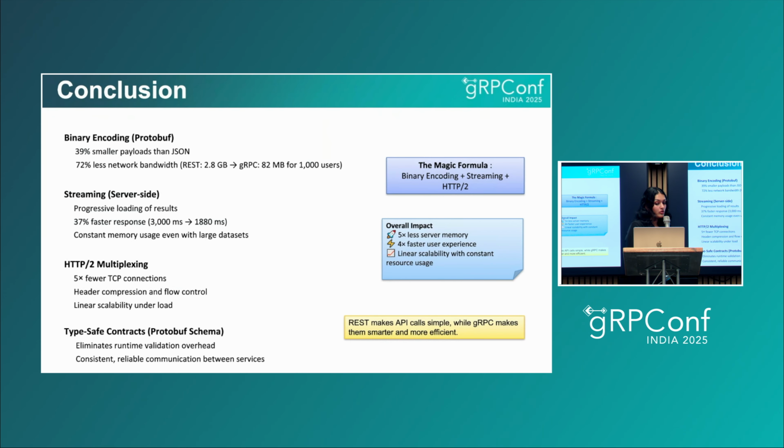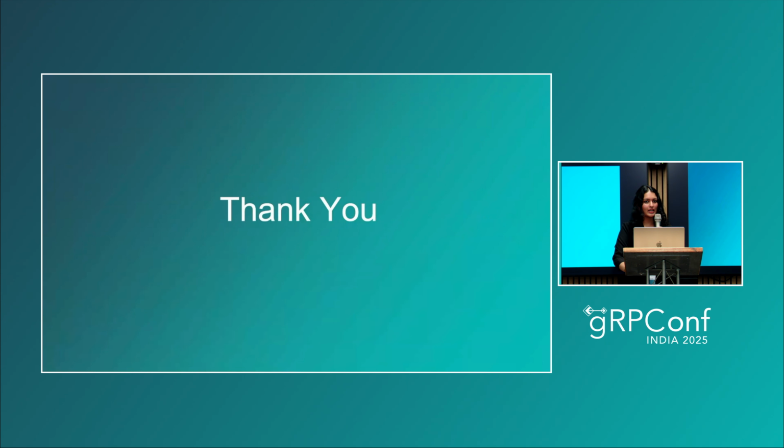So my concluding lines will be that REST makes API calls simple, but gRPC makes them faster and even more efficient. Thank you.